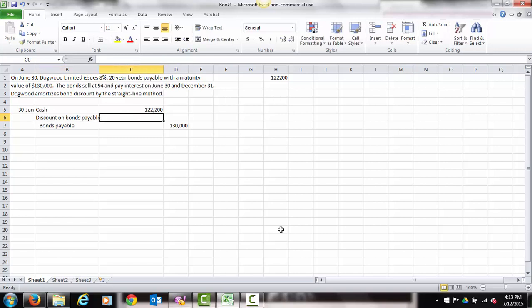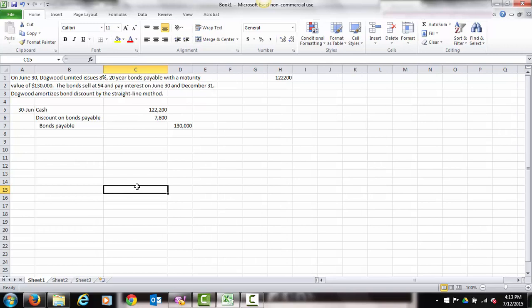It's the difference between the maturity value of the bonds and the amount of cash that we received. And it is $7,800. Let me make this a bit bigger there. Okay. So I'm just going to say record issuance of bonds.